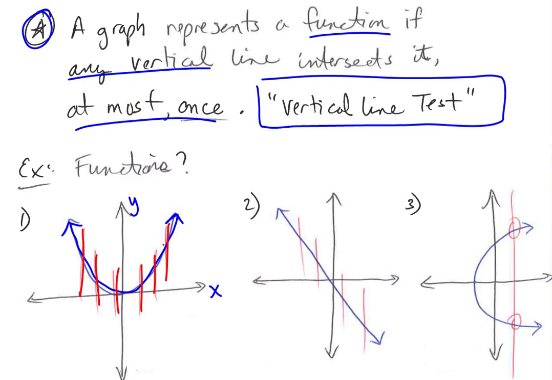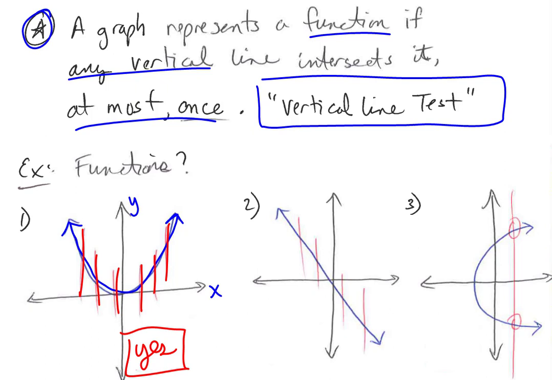And the answer, as can be seen in this picture, is no. Every vertical line we can sketch on here would cross this curve only once, which means, yes, this graph represents a function. That's how we could answer that.